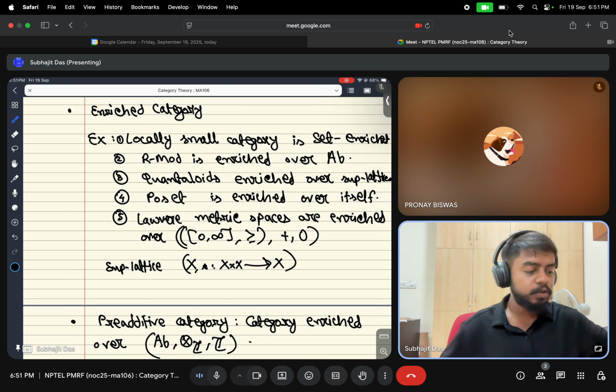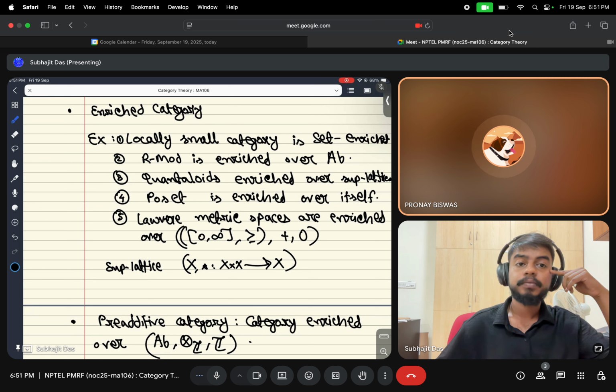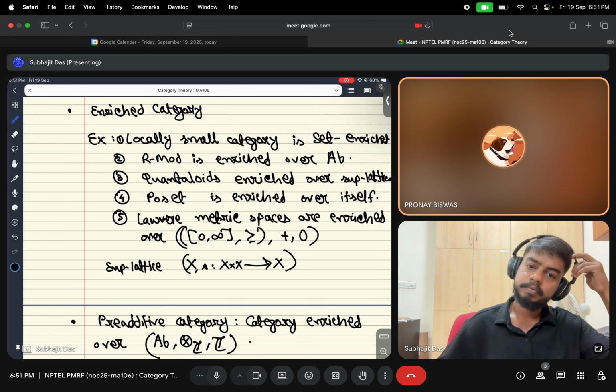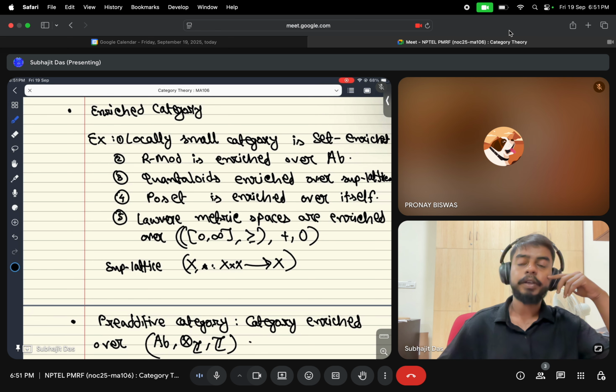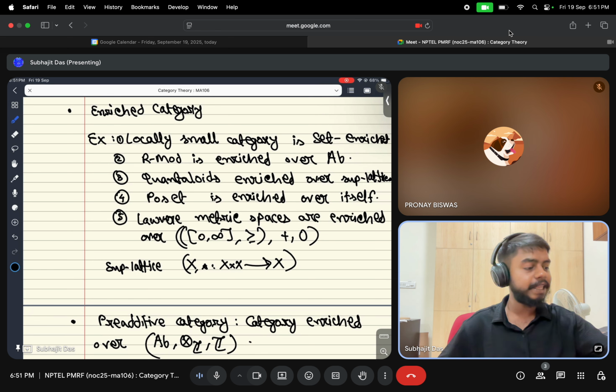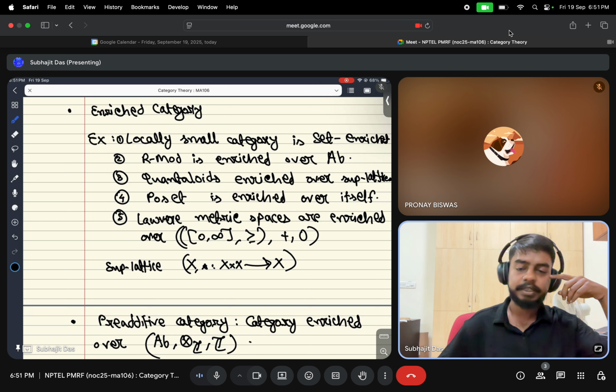So this is what a sup lattice is. It should be that only. I mean, categories enriched over sup lattices should be quantaloids, just as categories enriched over Ab are ringoids.